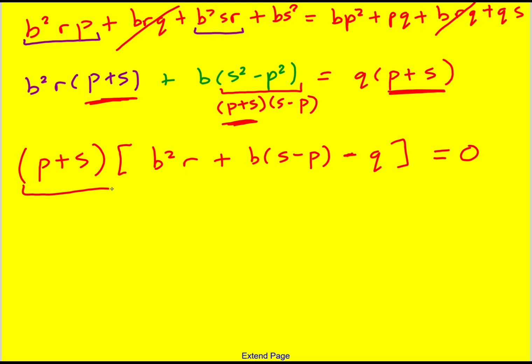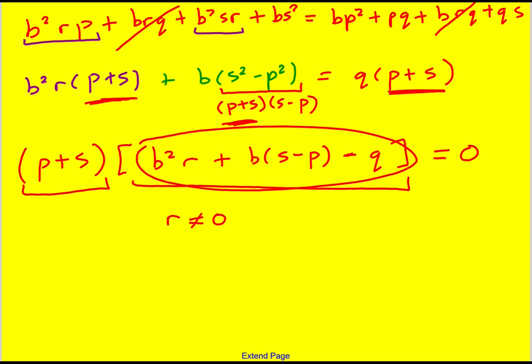So either this is 0 or this is 0, but we need it to always be 0. That's the key thing. And R is not equal to 0. So there's no way that this could always equal 0. I could pick some values, maybe S equal to P equal to 1, and then I could set Q so that it cancels that bit out, and I'd be left with something that's non-zero here.